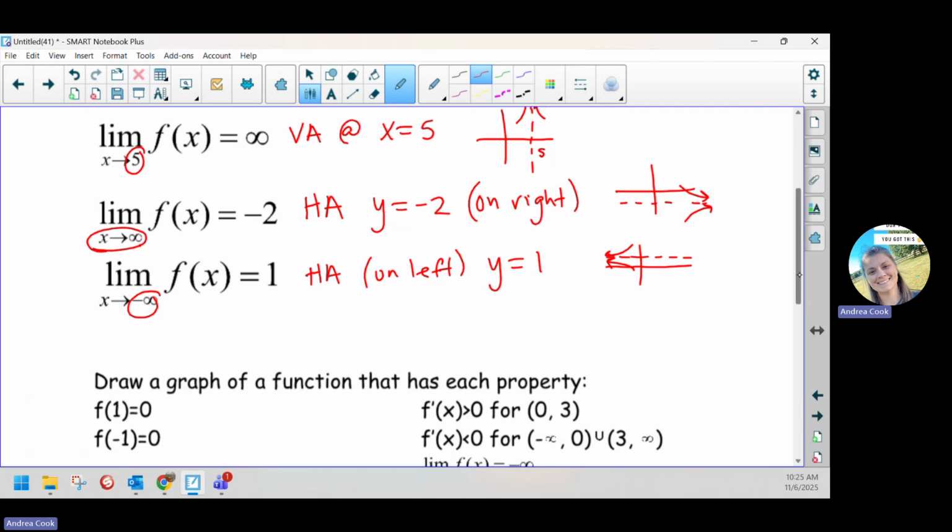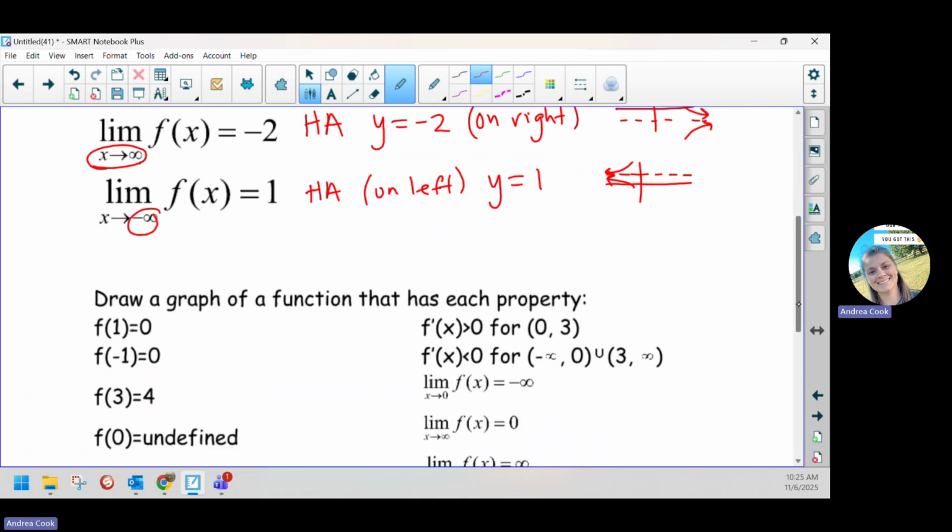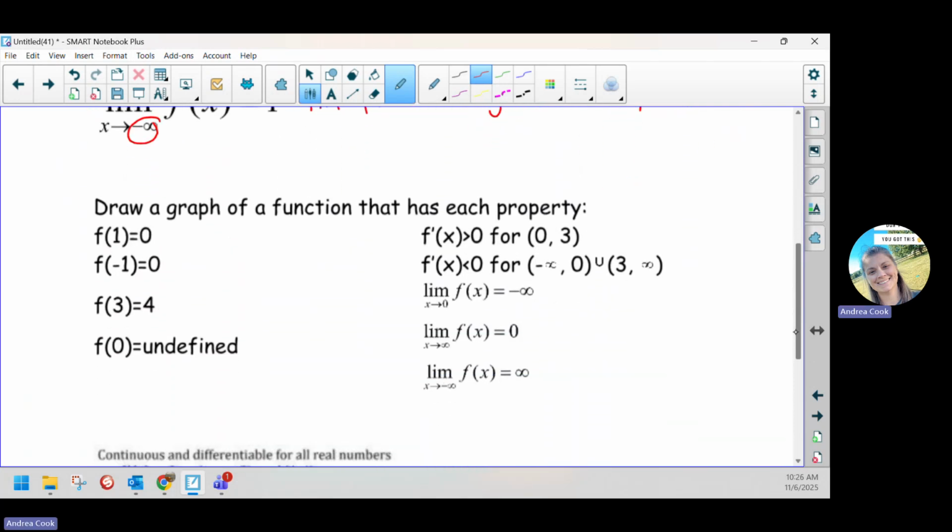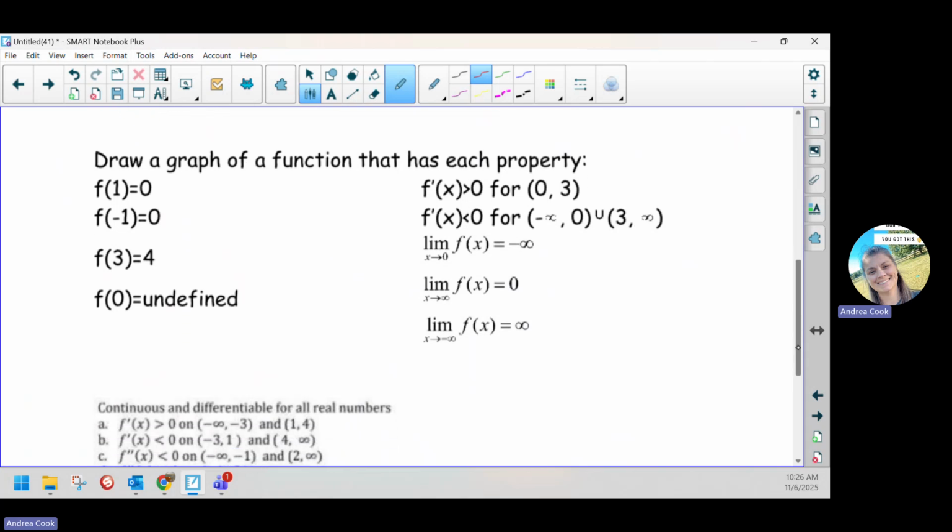Okay, so when we take these clues in order to sketch a function, what I would encourage you to do is go ahead and look. We're trying to sketch a graph of f. So I want to take all these clues and write what's happening on f to help me to sketch my graph. This first one is just giving me a point on f. So I have the point 1, 0.